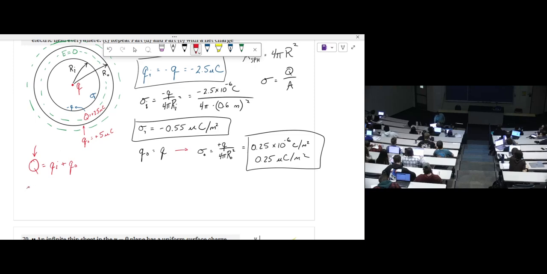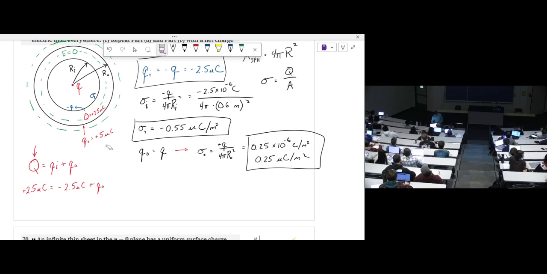Right now, 2.5 microcoulombs should be the net charge, which is equal to the charge on the inner wall, and because we're not varying this whatsoever, the charge on the inner wall was always minus 2.5 microcoulombs, plus Q outer. So if I add 2.5 to both sides, that's how in this case I got the charge on the outer wall is 5 microcoulombs.